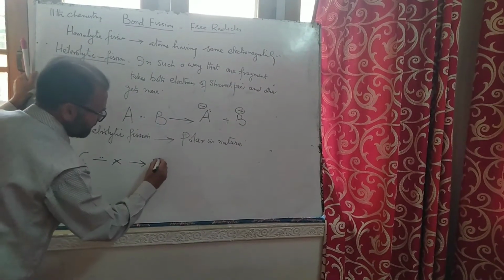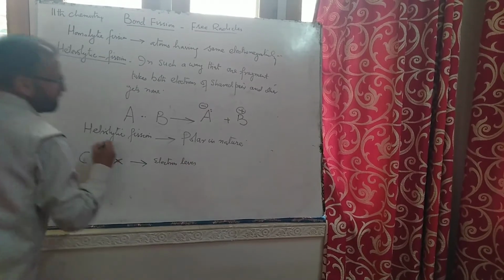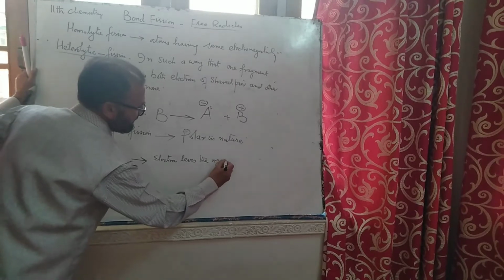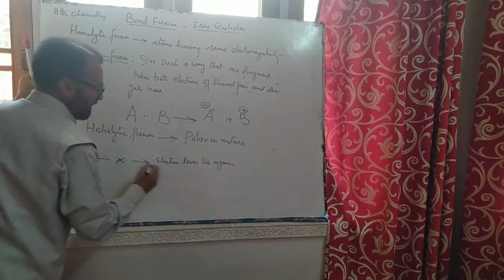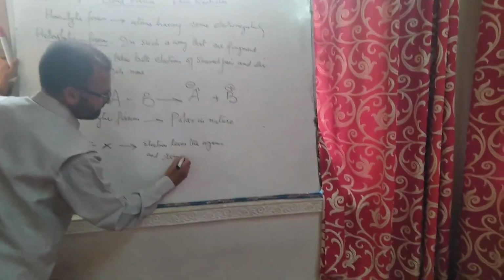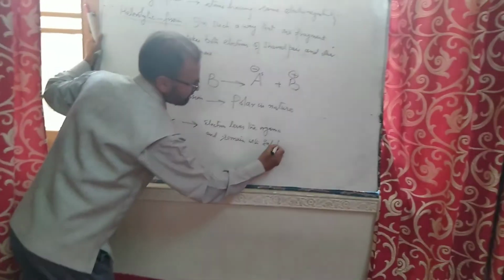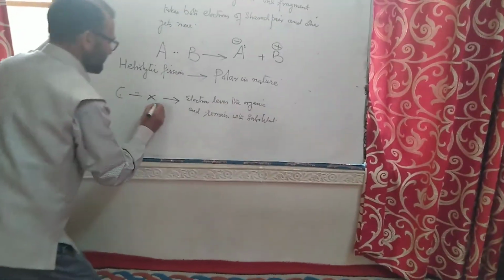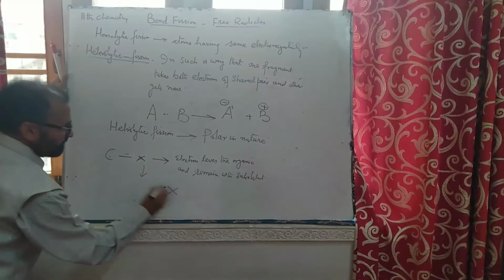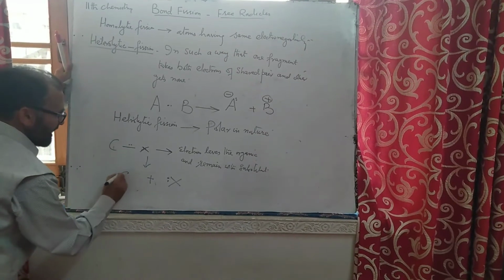That means the electron pair leaves the organic group. Organic group को छोड़ देता है and remains with the substituent. So we will get here X with the electron pair, plus carbon, which gets positively charged.